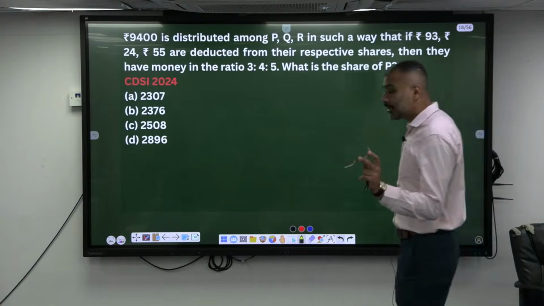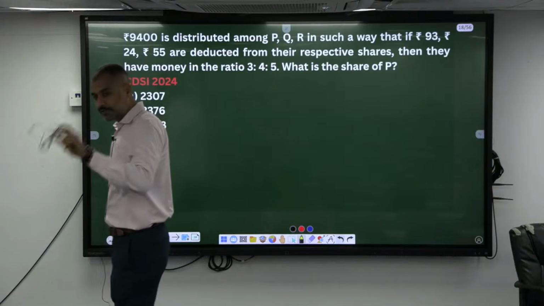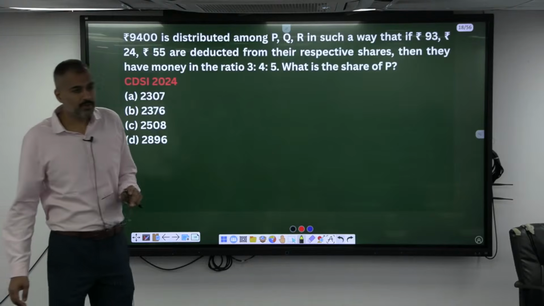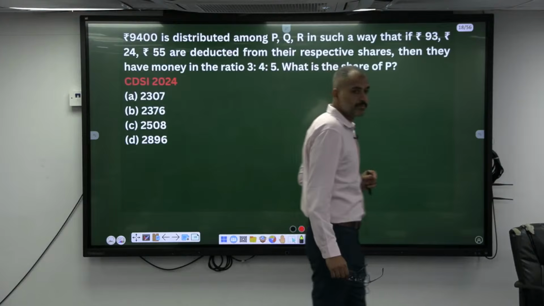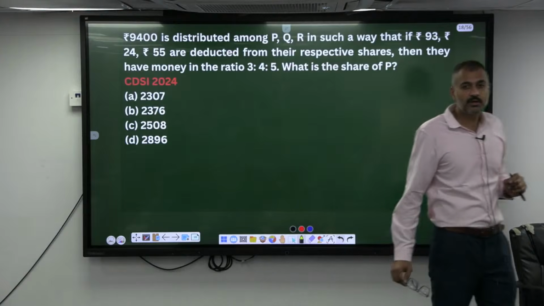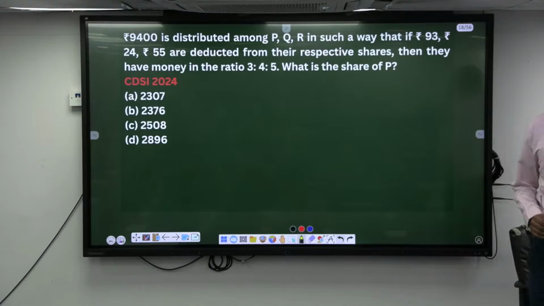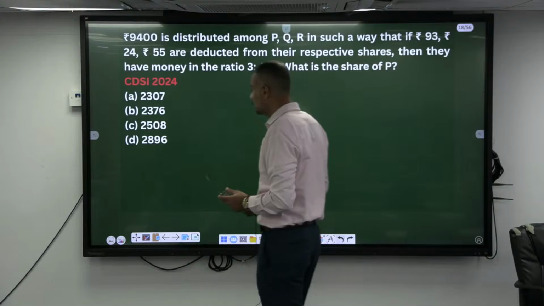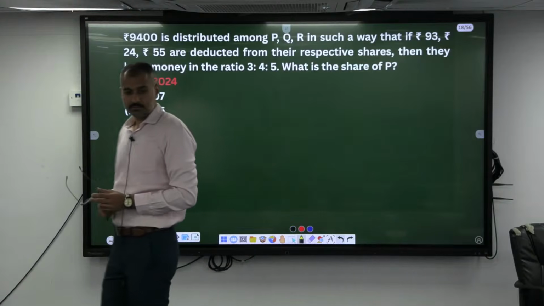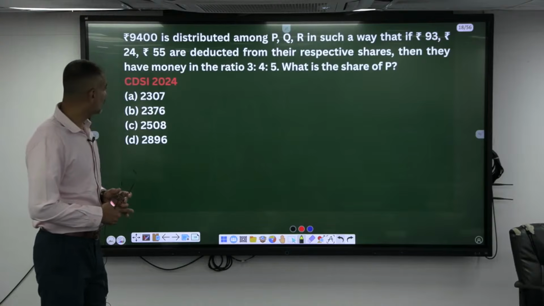You have distributed 9,400 among ABC, PQR. After distributing, you are subtracting 93 rupee, 24 rupee and 55 rupee. If you are subtracting these consecutively, okay, respectively, what is the sum of their deduction? 93, 24 and 55 will be how much? How much, madam? 170? 172 if you deduce.